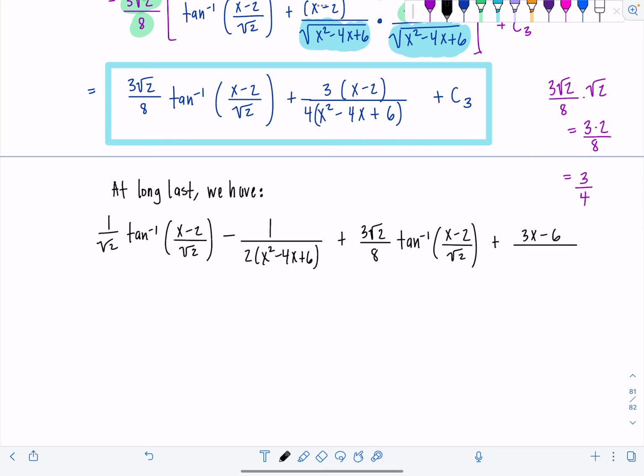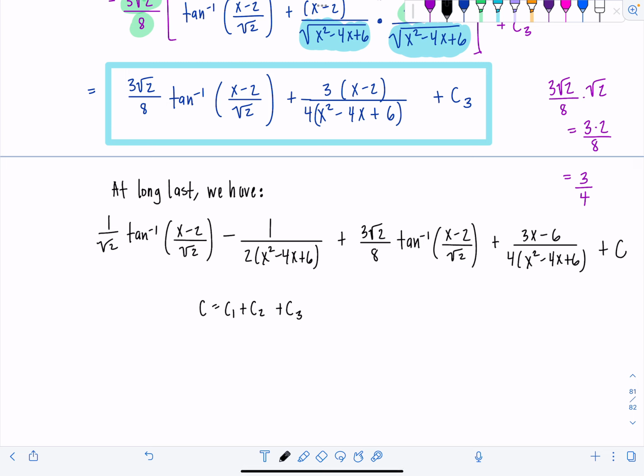Why? Because I know what's coming in the future, okay? So (3x minus 6) over 4 times (x squared minus 4x plus 6) plus c, and c is c1 plus c2 plus c3. You just have to say it once.